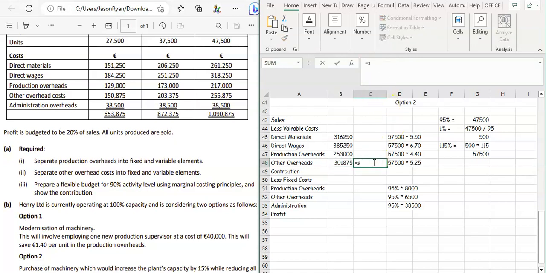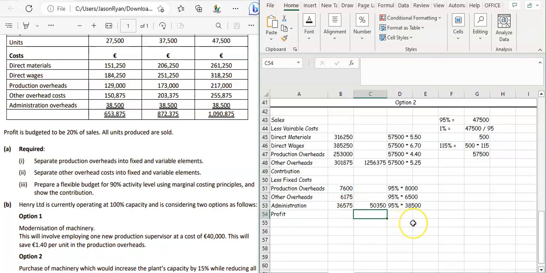And then we're going to add these up to get your total for your variable costs. And then find the fixed overheads with the 5% reduction. So 95%, multiply that by 8,000. 95%, multiply that by 6,500. And 95% multiplied by that 38,500. And then we're going to add those three up to get your total fixed costs.